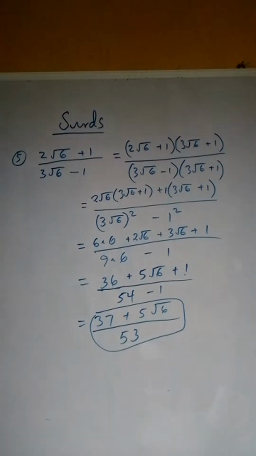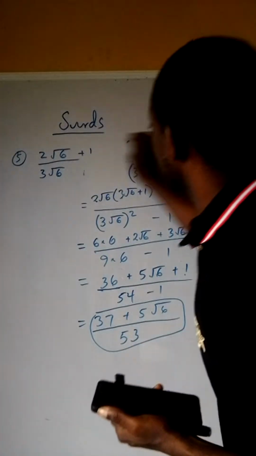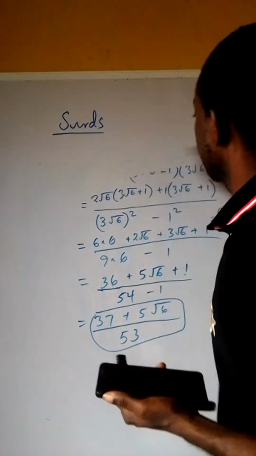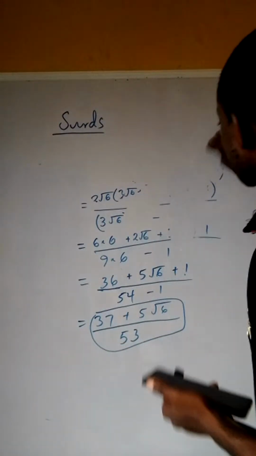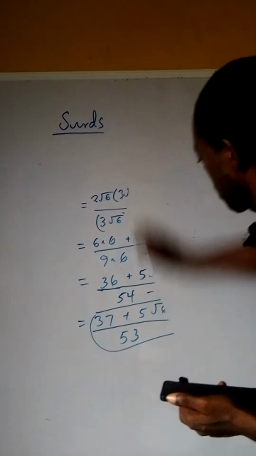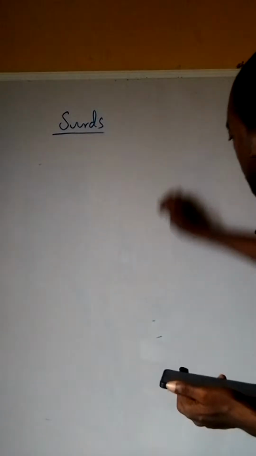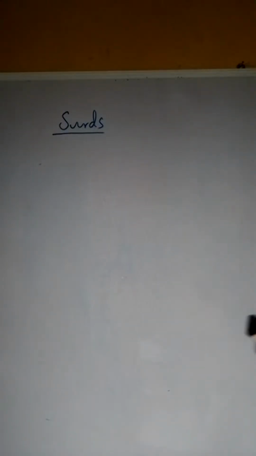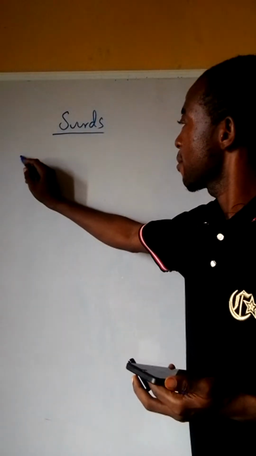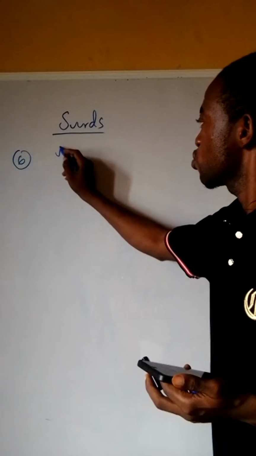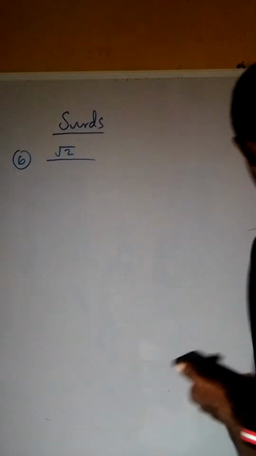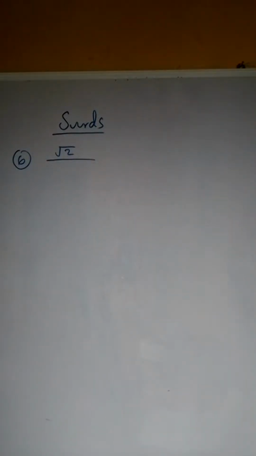So look at number 6 question here. We are to simplify root 2 divided by 2 root 2 minus 3.